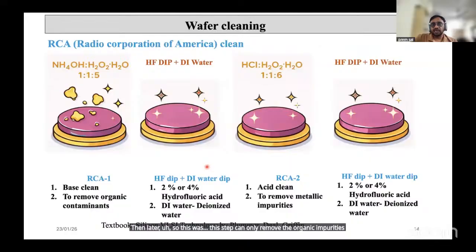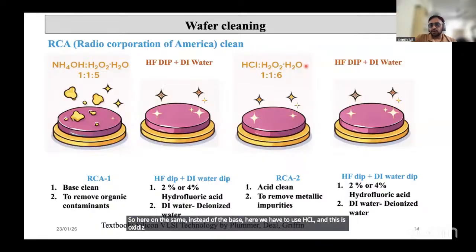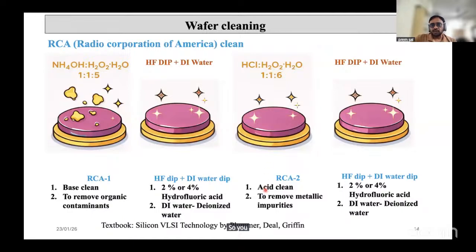What about the metallic impurities like sodium, potassium, all the metals which come from the ingot cutting? They can all be removed using acid. Here it is the same, but instead of the base we use HCl, with an oxidizer and a diluent. You mix it and you remove the metallic impurities.